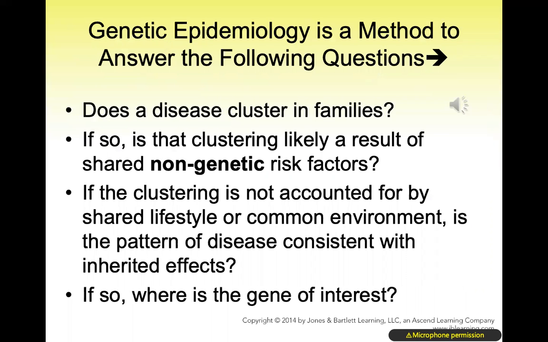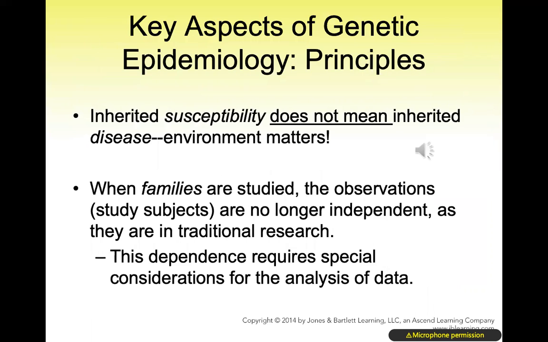As genetic epidemiologists attempt to find out if a particular condition has a strong genetic susceptibility, they follow this pattern of questioning, with each one building on the previous one.